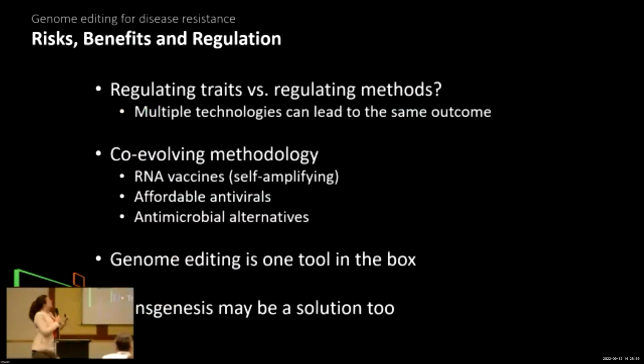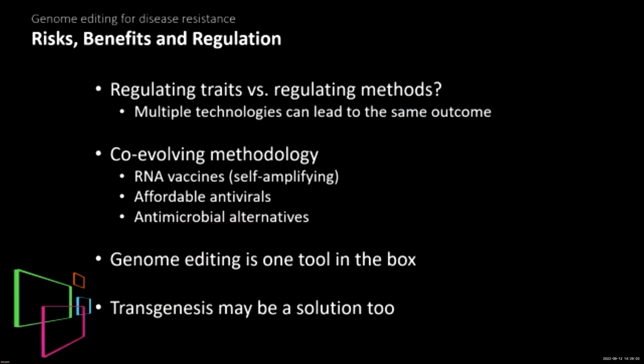So what do I think? I see evident benefits of genome editing for disease resistance, and I think it's very difficult not to see them. I just think finding the targets is probably not the easiest thing. So we should see genome editing as one of the tools in our belt. And especially when we talk about resilience or tolerance traits, it is good to think about developing other methodology alongside.